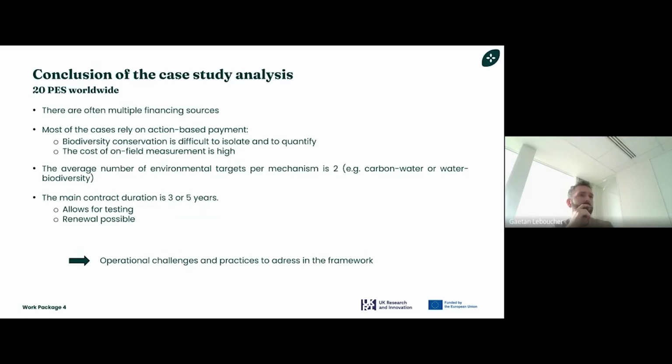So this is not very long. It allows for testing, but also for the possibility of renewal. This case study is still a work in progress, and it gives at first some insights on the operational challenges and practices that will have to be addressed in the framework.